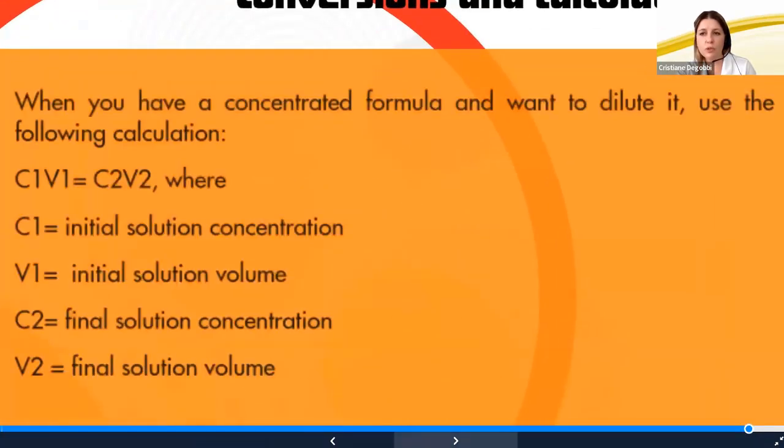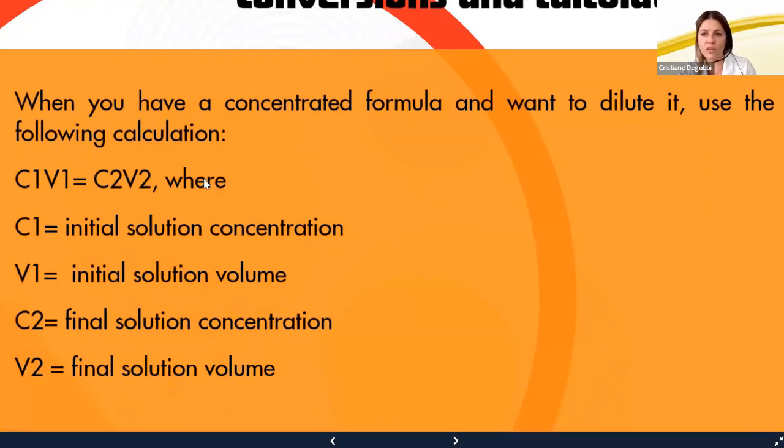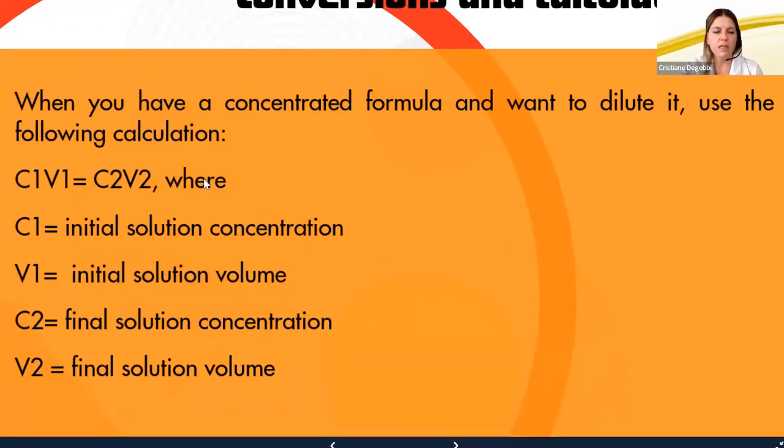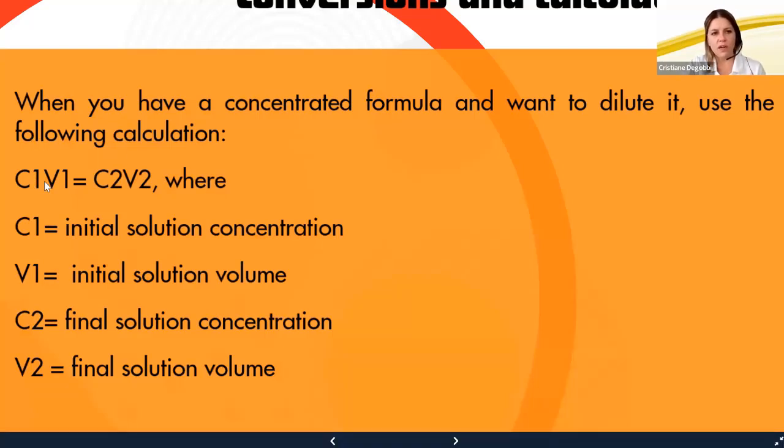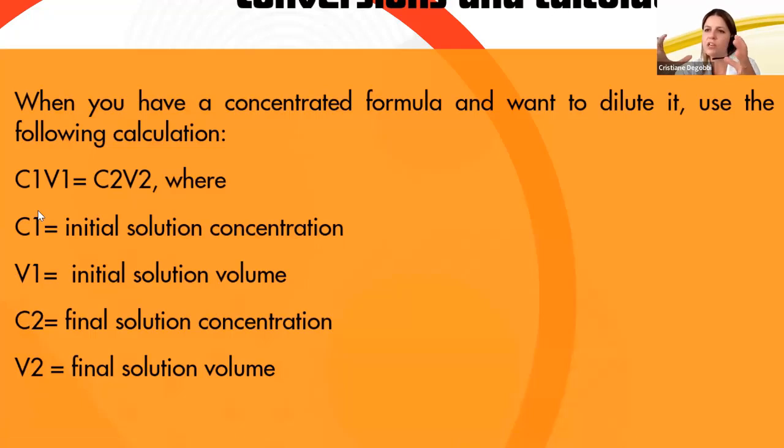Sometimes you need to dilute and you don't know exactly how to do it. This is the formula for you to use: C1 multiplied by V1 is equal to C2 multiplied by V2, where C1 is the initial solution concentration, or the concentrate, the one that you're going to receive from the manufacturer.